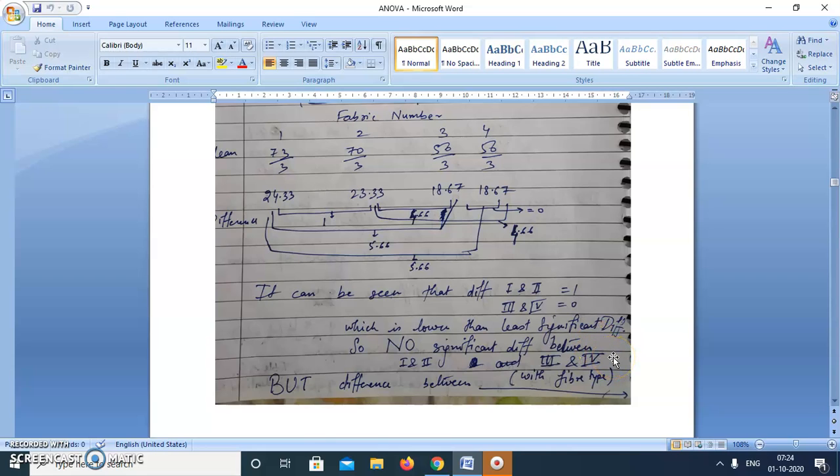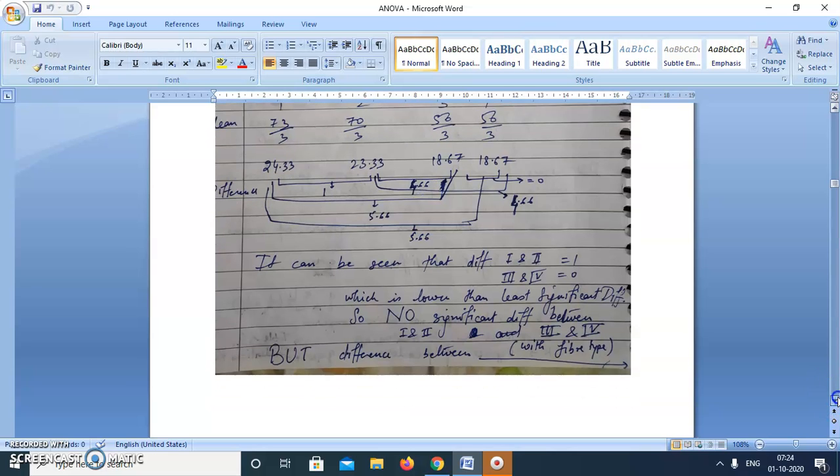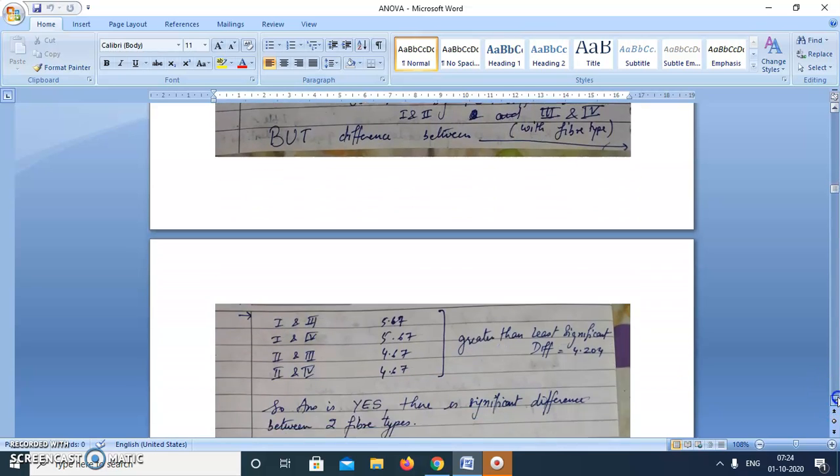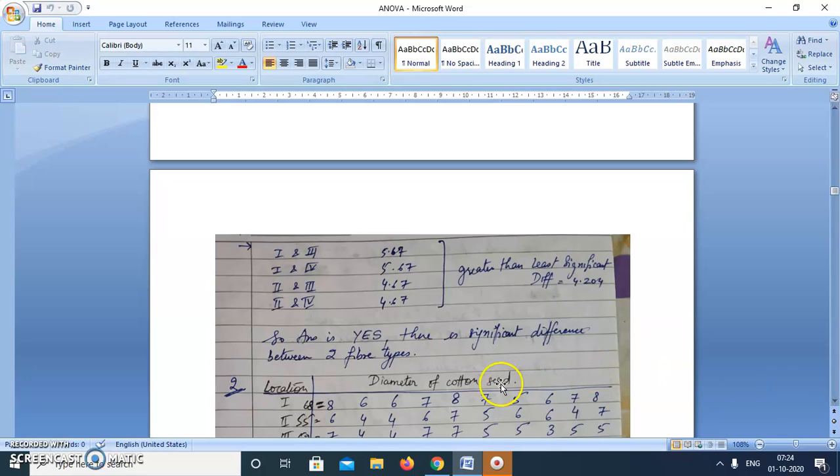So there is no significant difference between the means for 1 and 2, and 3 and 4. But the differences between 1 and 3, 1 and 4, 2 and 3 and 2 and 4 are greater than the least significant difference. So the answer is yes.